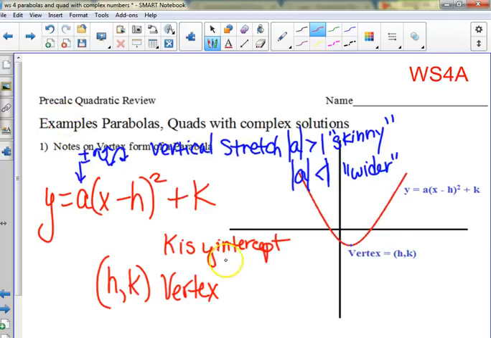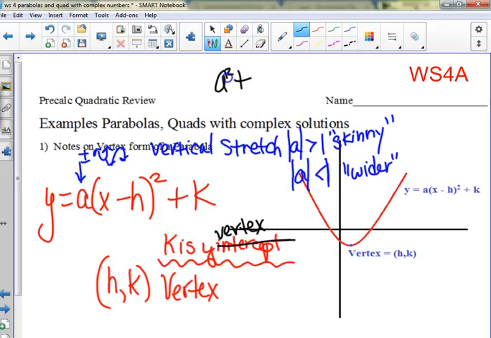What did we write back here? Was this true? Let us write that down. K is not the y-intercept. K is the y value of the vertex.